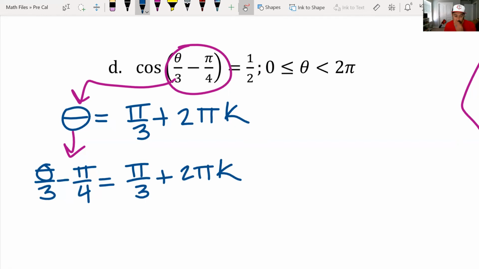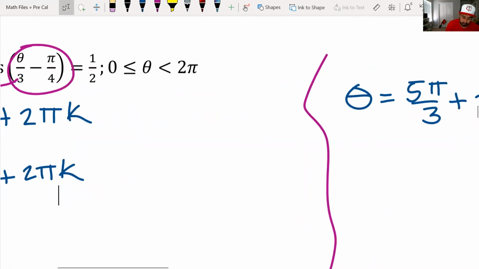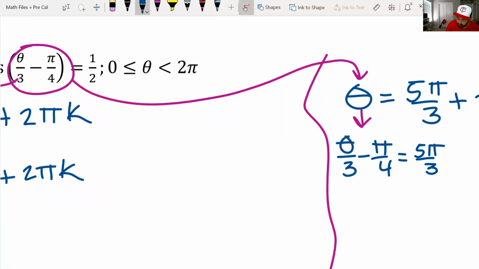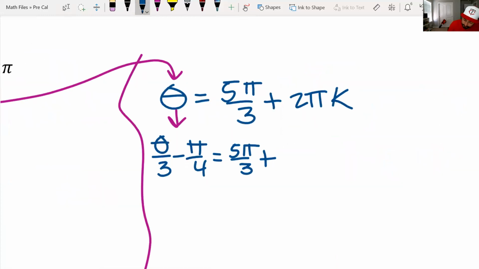Same thing on the right side. So you get theta over 3 minus pi over 4 equal to 5 pi over 3 plus 2 pi k.